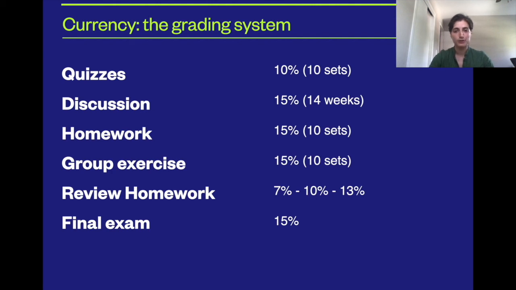Homework, personal homework, and group exercise each will have 10 sets and will count for 15% of the final grade. The review homework, the 3 of them, each will have a percentage. Each will cover more material, that's why the percentage is increasing, with 7, 10, and 13% of the final grade, and the final itself will be 15% of the final grade.